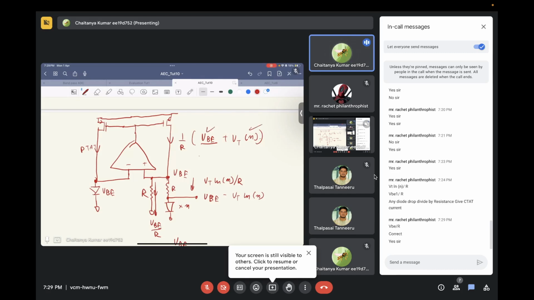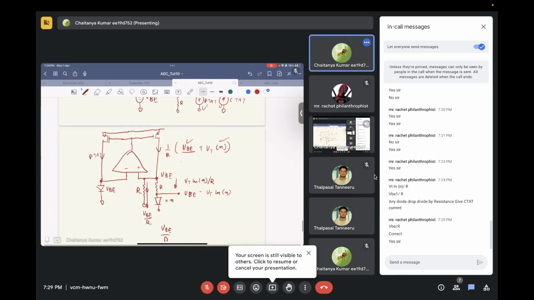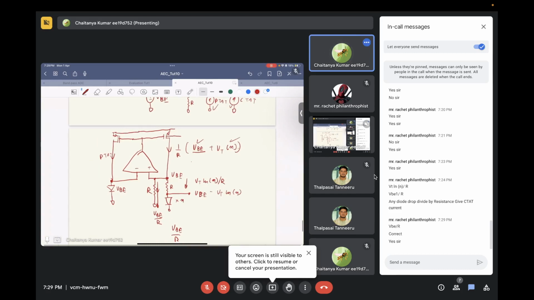Now let's say if we want to generate a voltage out of this particular current, what we will do is we will take another current mirror and place it to some value R1. Okay. So what will be the current that will be flowing? This will be the same current.